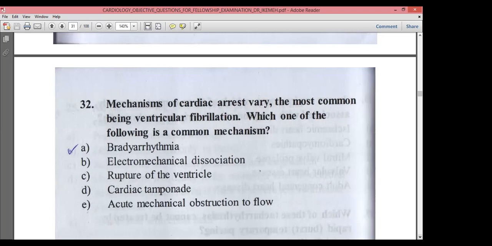So that's what I saw. But from Prof's book, the answer is bradyarrhythmia. Please, any comments or any explanation to the answer, if someone can help.